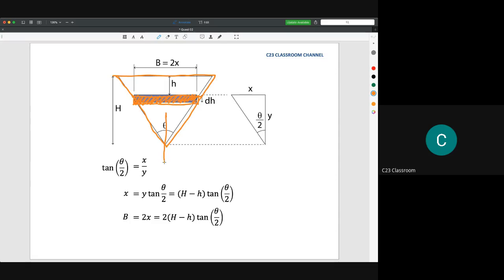And then this triangle area, you have an angle here. So we divide it into two, because we want to focus on this triangular area. So now the angle here will become theta over 2. And then we assume that this is x and this is y. Okay, so that is our first assumption.